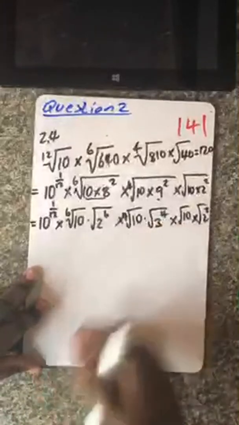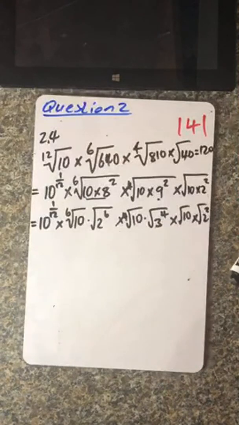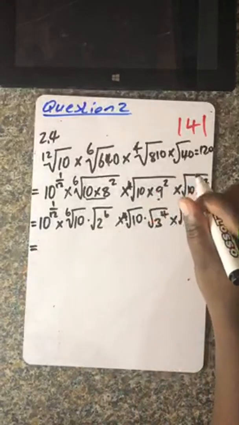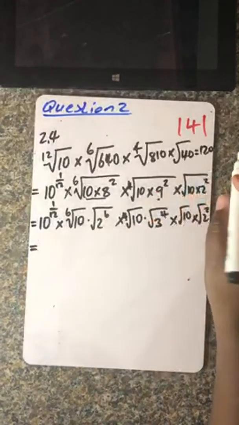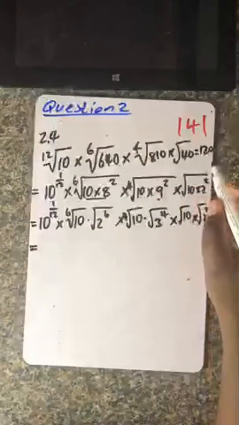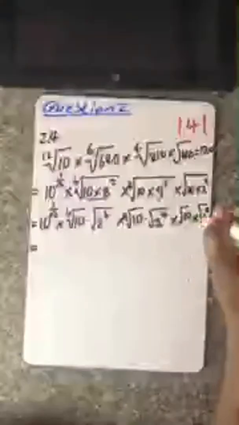So this question, guys, you need to pay full attention. It's very, very interesting, and it's a bit tricky. Okay, so ladies and gentlemen, let's now try to check if we cannot further simplify this equation, because we are now trying to remove those brackets.